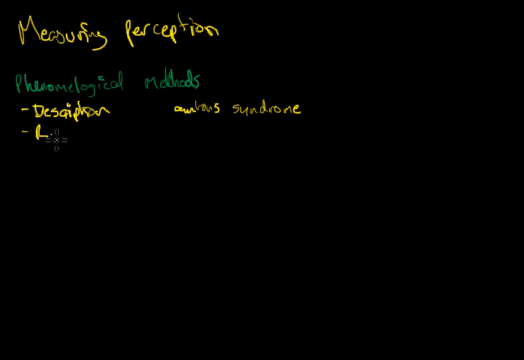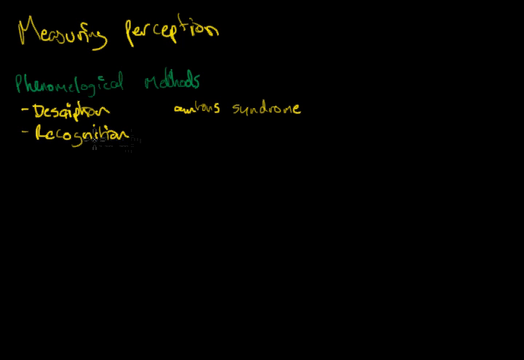We could also add into the phenomenological methods recognition. I'm creating these categories a bit ad hoc at the minute. Recognition is, again, a phenomenological method. It relies on a person's description or on their own introspective account of their awareness.